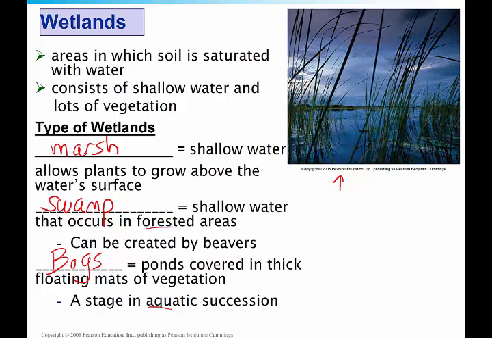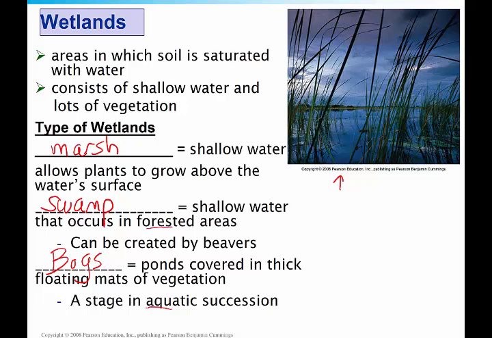So you might remember from a prior chapter that succession is a predictable change in a community that leads eventually to a climax community. The climax community is the one that will not change unless there's some kind of disturbance. So for example, in New England on land, you might start with small grasses to brushes and plants, and then from there to saplings, and from there to maples and oaks, which are the climax community.